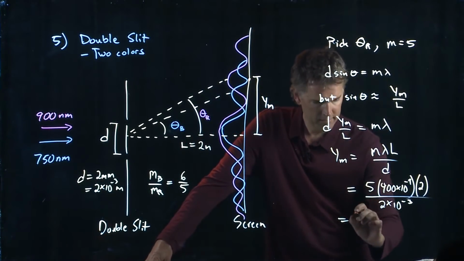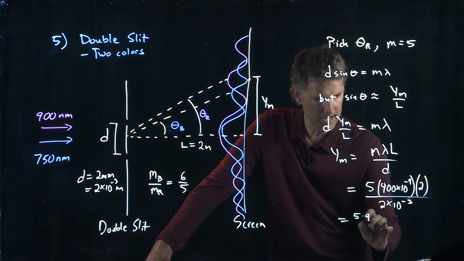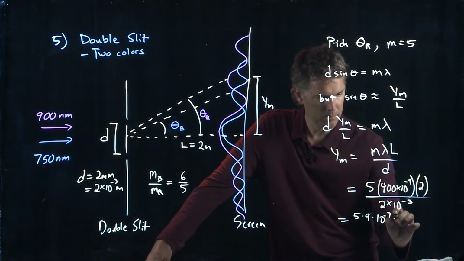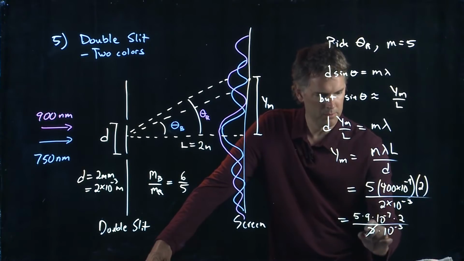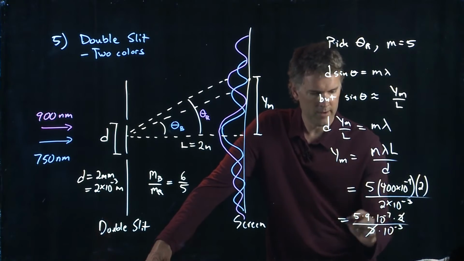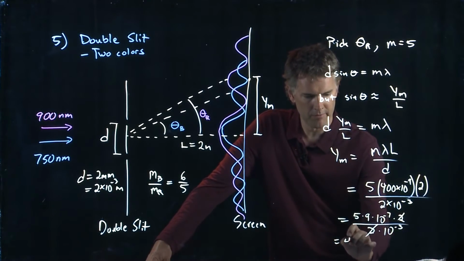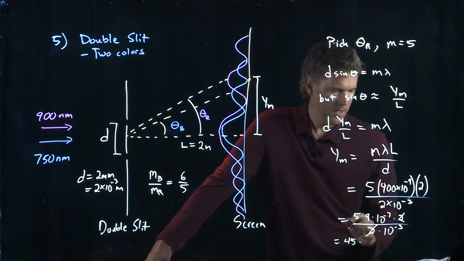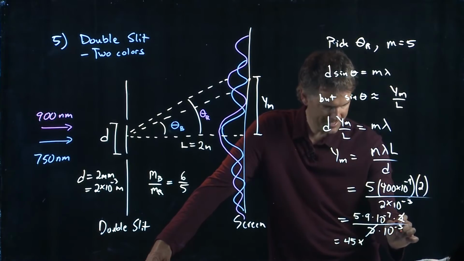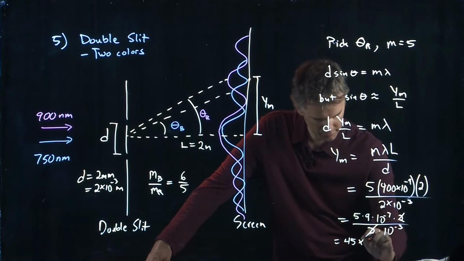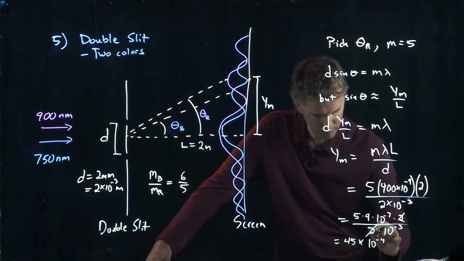We've got 5 times 9 times 10 to the minus 7, and then we've got a 2 over a 2 times 10 to the minus 3. The 2's cancel out. 5 times 9 is 45. And then we have 10 to the minus 7, and we have a 10 to the minus 3, so I need to add 3, so I get 10 to the minus 4.